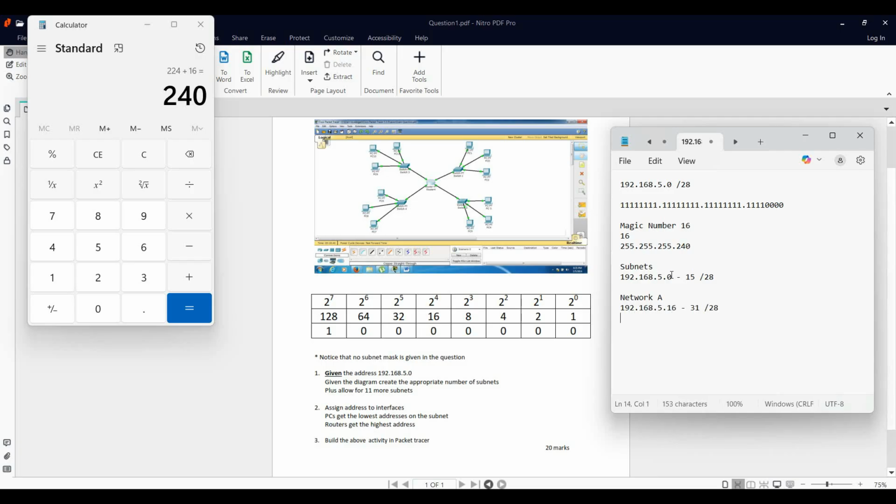Alright, so it says the PCs get the lowest. So for the PC network, it has 3 PCs attached.